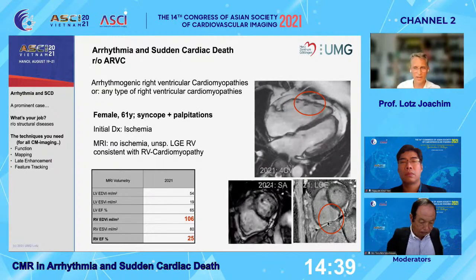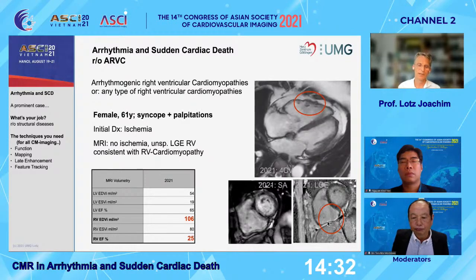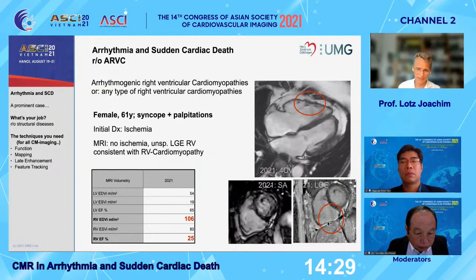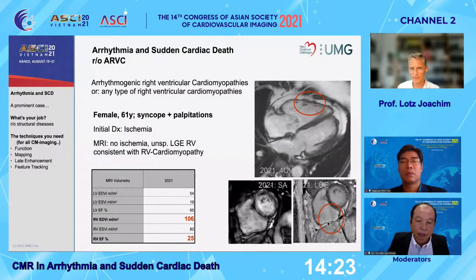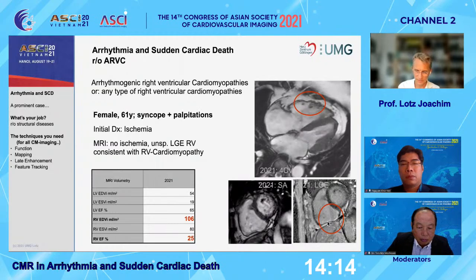So she has a new onset or a new detection of dyskinesia, and she has a dilated right ventricular index of 106 milliliters per square meter and an ejection fraction well below 30. So all in all, she has, from that side, the MR criteria of ARVC, although she's a little bit too old for the first manifestation.